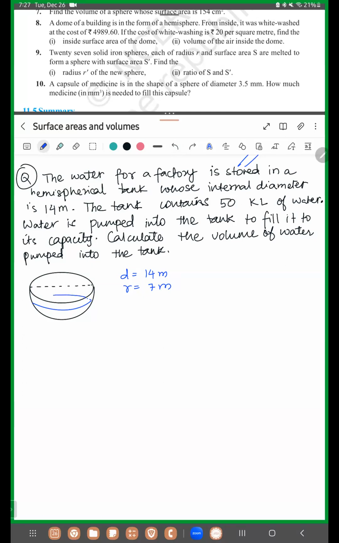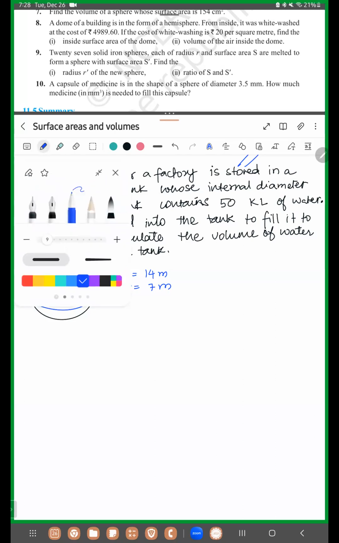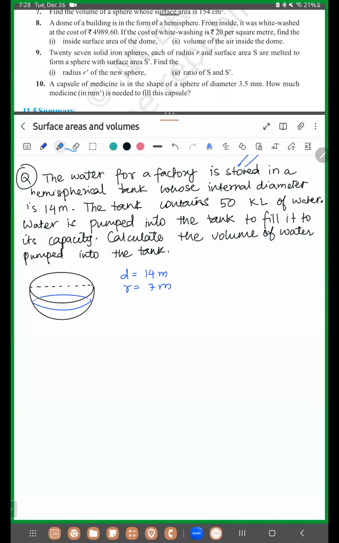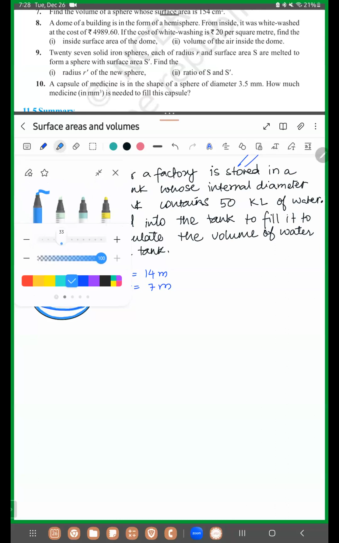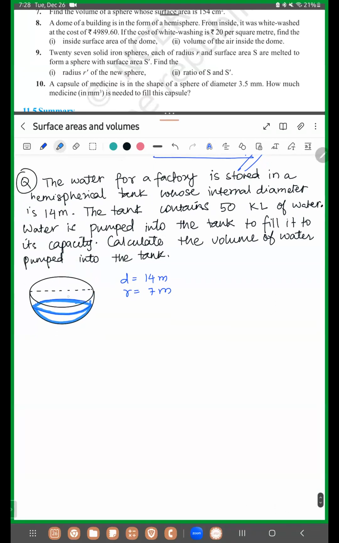Some water is already present in the tank.